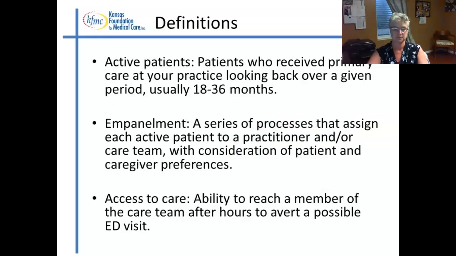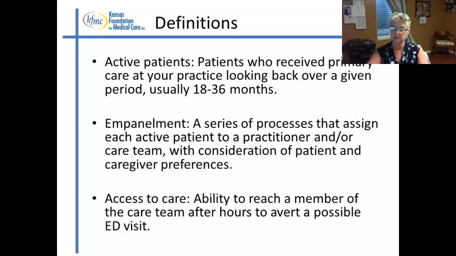Now for some definitions. Active patients are those that you consider belonging to your practice. Each practice could define that differently, but it is generally patients that have been to your practice 1 to 2 times in the last 18 to 36 months. Empanelment is the process of assigning patients to providers or care teams, so you know who in your practice is responsible for their care.